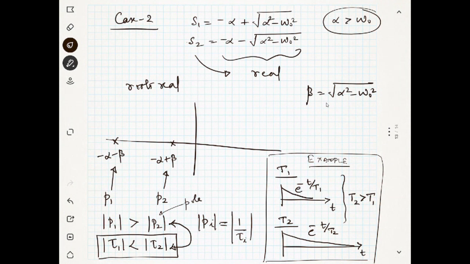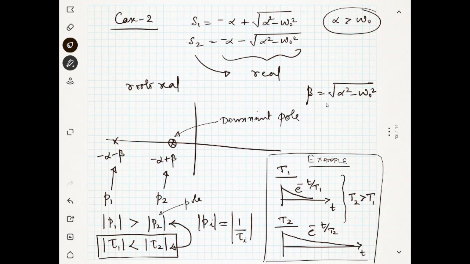Which pole will dominate? P2 will dominate, right? I told you T2 will dominate. So the pole P2 will dominate, and we will call this pole the dominant pole. That is the meaning of dominant pole. Inshallah, I will explain once again, don't worry. Even if we take more time, there is no issue. Inshallah, we will continue next week.